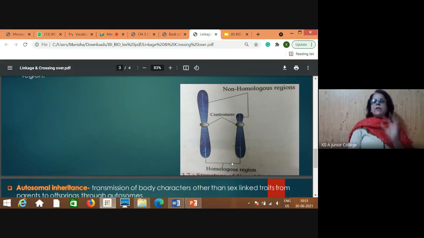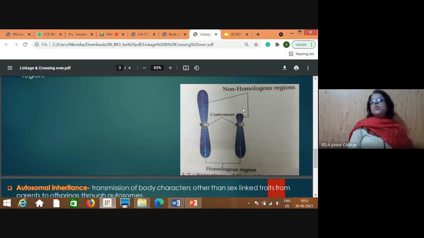Homo means similar, that is, the morphologically similar region present in both X and Y chromosomes is called the homologous region. Whereas this part above the centromere is long and elongated in the X chromosome and short in the Y chromosome, which is not similar morphologically.